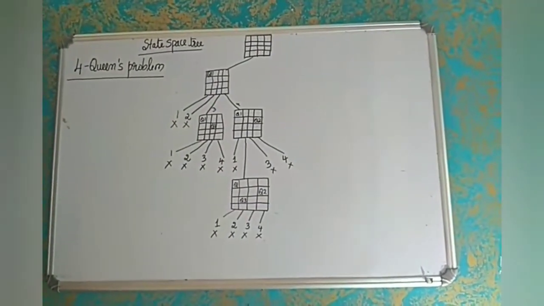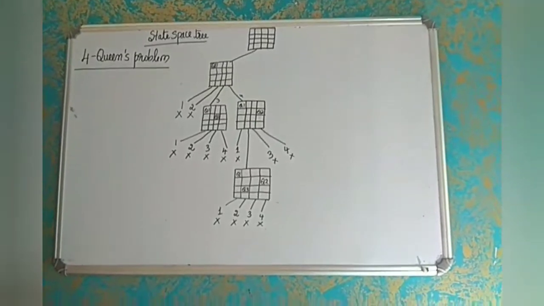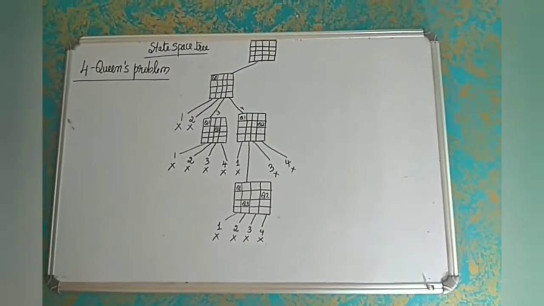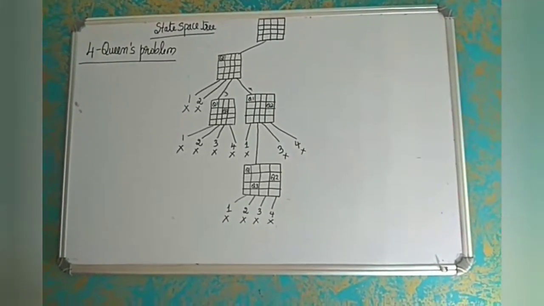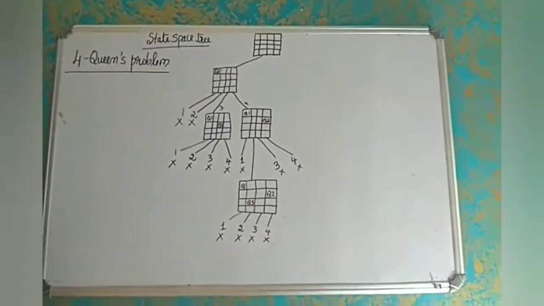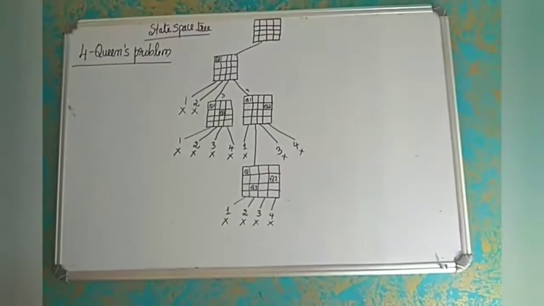As I told earlier, using the backtracking method we can get multiple, different solutions for the same problem. In case of dynamic programming, we will get only one solution, that is the optimal solution.